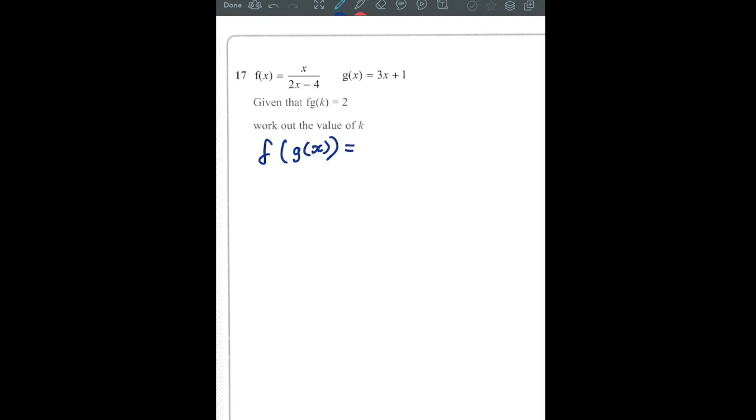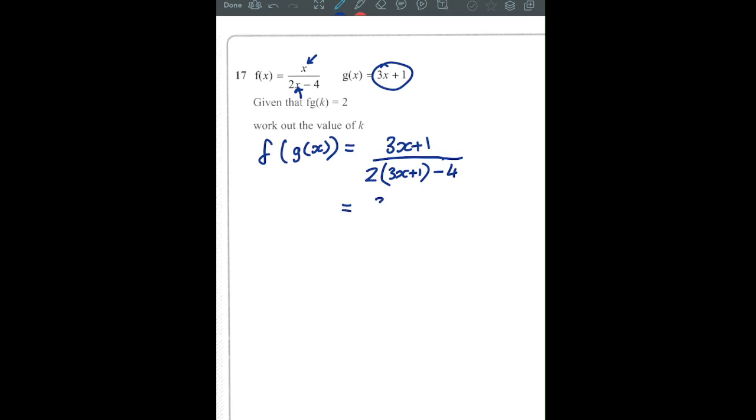So if I do that, every time I see an x in f, I'm going to replace it with the whole of g. So the top becomes the whole of g, 3x plus 1. The denominator, we had 2x, well now I've got 2 of the g, minus 4. Putting that bracket in there is quite important and quite helpful.